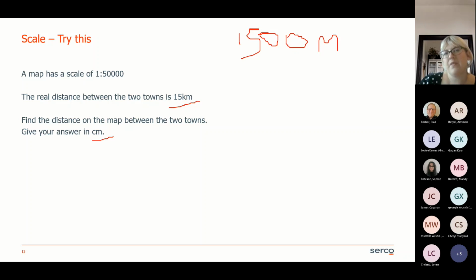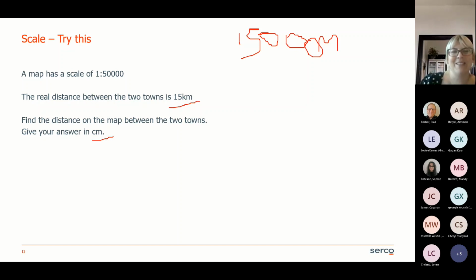And then if I were to turn 15,000 meters into centimeters, is it me or would I have an extra 0 on there, wouldn't I? Can anyone back me up on that, 15,000. Thank you.